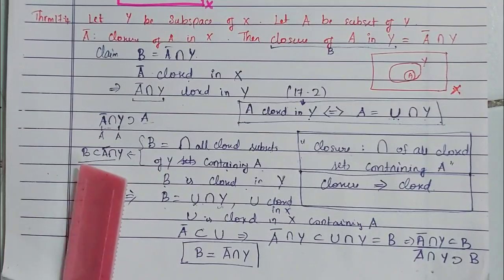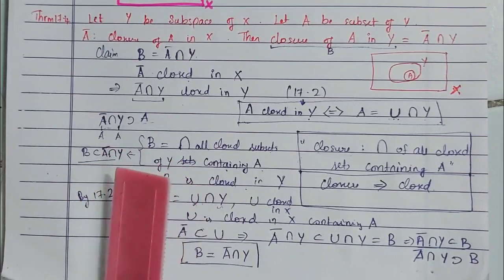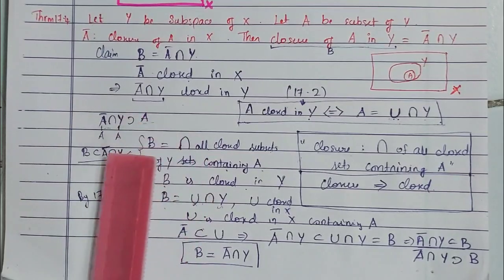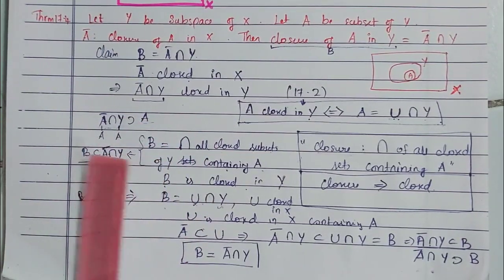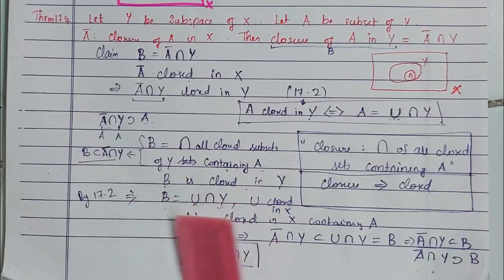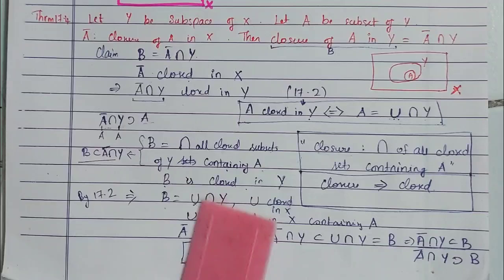Okay. So B is a subset of A closure intersection Y, and I have to prove the converse, in the sense that A closure intersection Y is contained in B. For that I know B is a closure, so obviously it is closed.